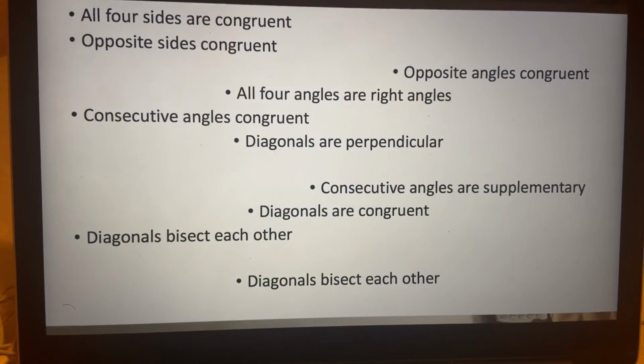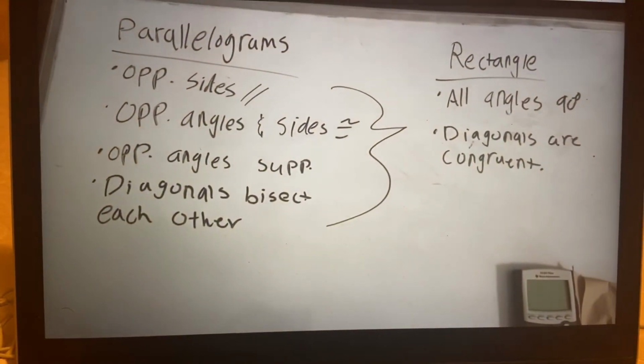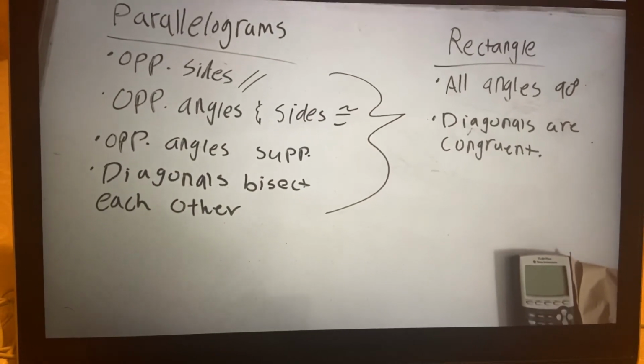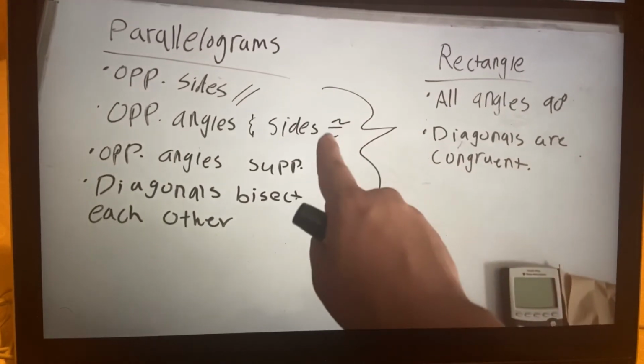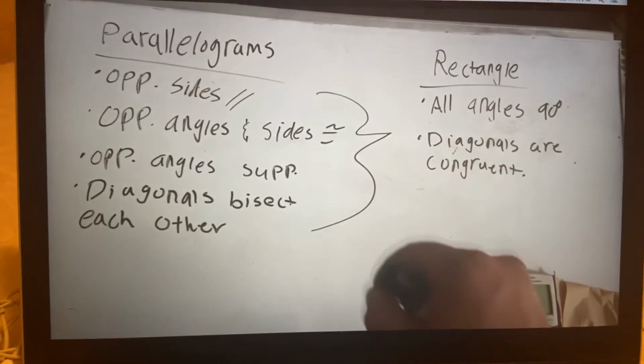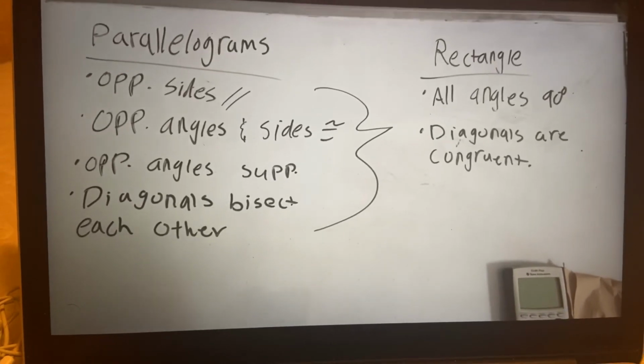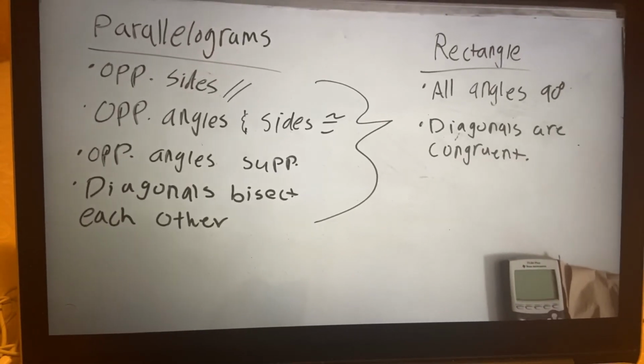Now I'm going to display another image right here. And this image has all of the characteristics as the slide before, except a couple new ones. Distinguish which ones are new. Go ahead and do so. I'll give you a little bit of time to do that.